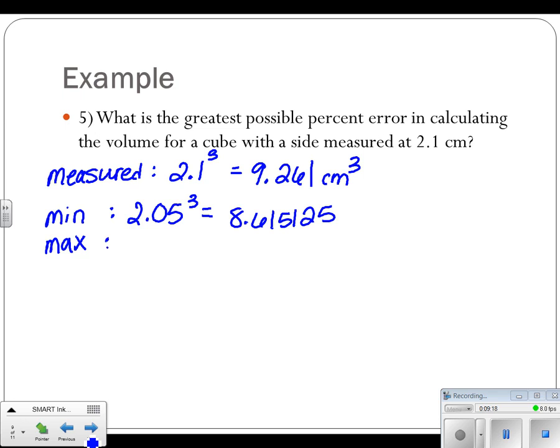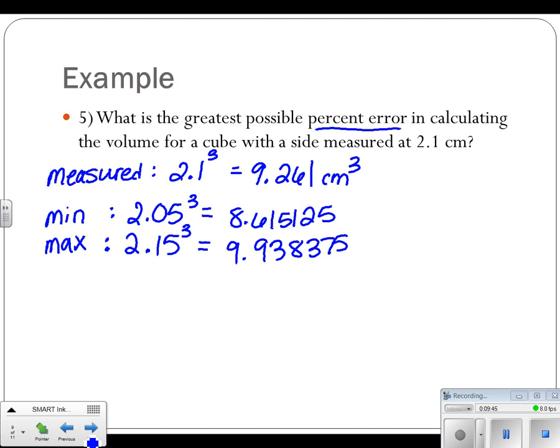To look at your maximum, you would be at 2.15. And so when we do 2.15 cubed, we would be left with 9.938375.